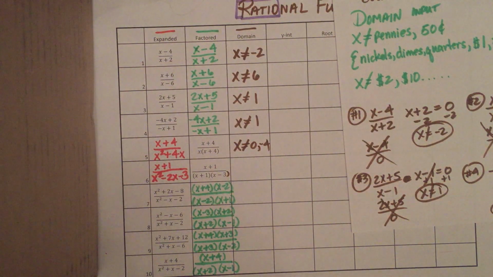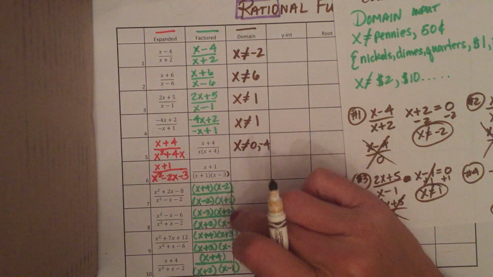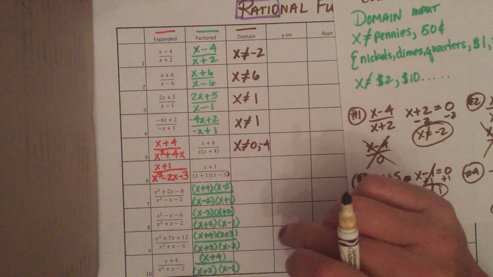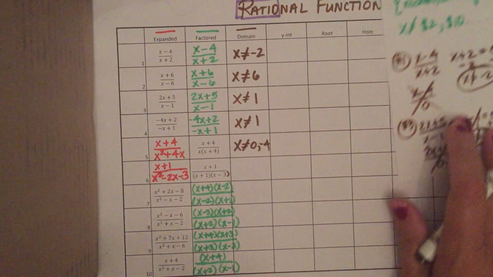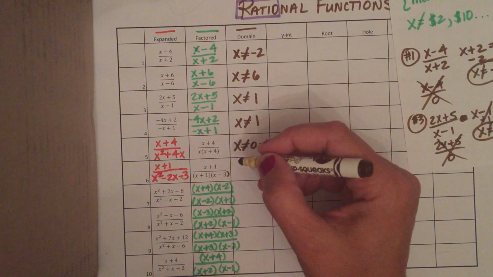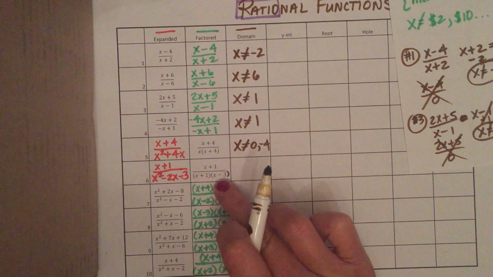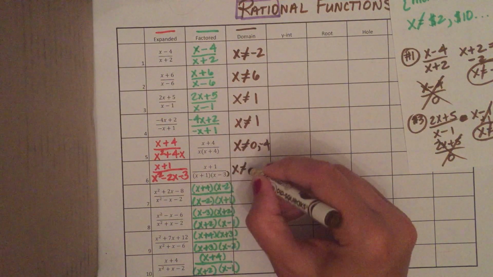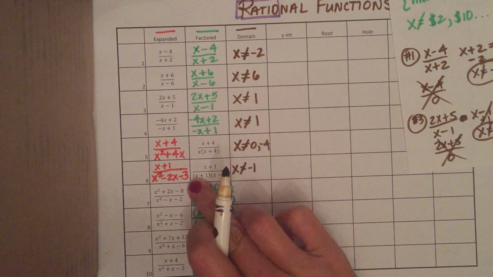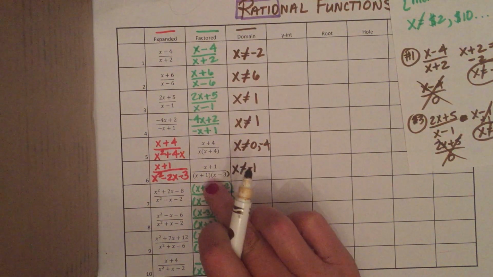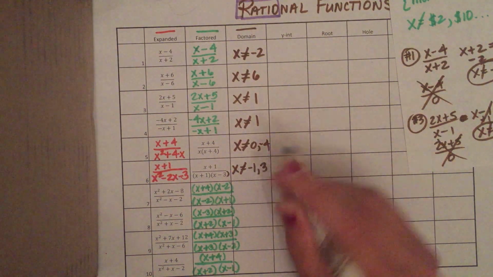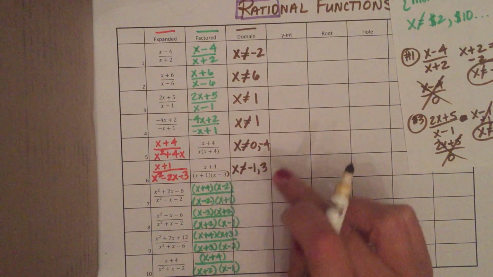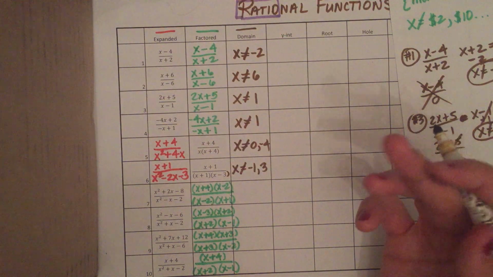So now you've got two values. And what you're going to see subsequently in all these is that we've got two values that don't work for x. So let's look at number 6. I have x plus 1 and x minus 3. You should be able to figure out the pattern by now. X cannot equal negative 1 because negative 1 would make x plus 1 0. And x cannot equal 3 because x minus 3, 3 minus 3 would be 0.